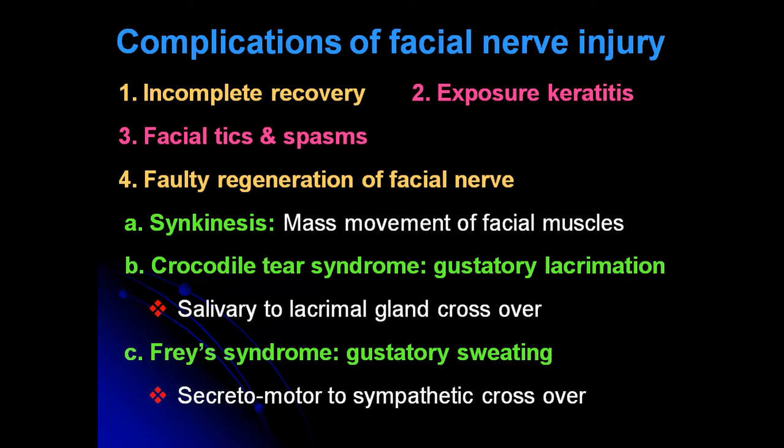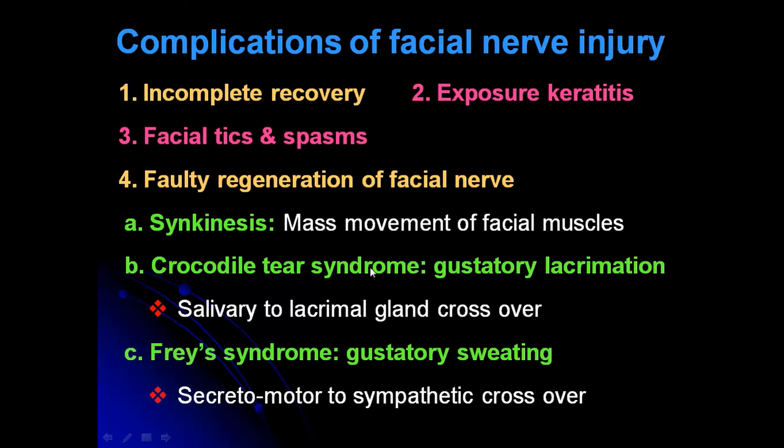So there is a cross connection that is occurring. The lady waiter comes and hits him. So because of this, social problems occur. That is what is called synkinesis, mass movement of facial muscles, like as if he is blinking and then winking towards someone who is not intended. So that is causing a social problem.